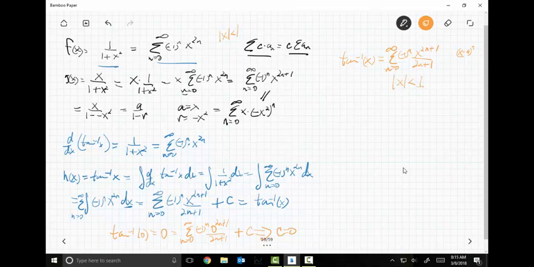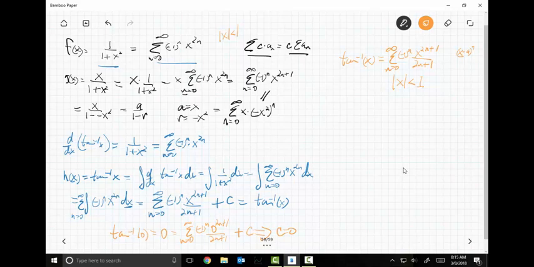Now, there's something that I want to get you in the habit of thinking about, though. Because some strange stuff can happen with these from time to time, just saying, check your endpoints. If you've taken a derivative or if you've taken an antiderivative, always think about checking your endpoints really quickly.